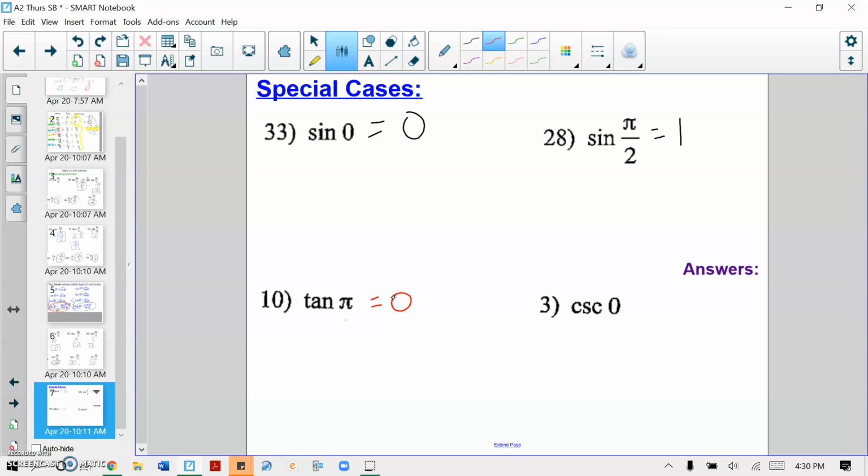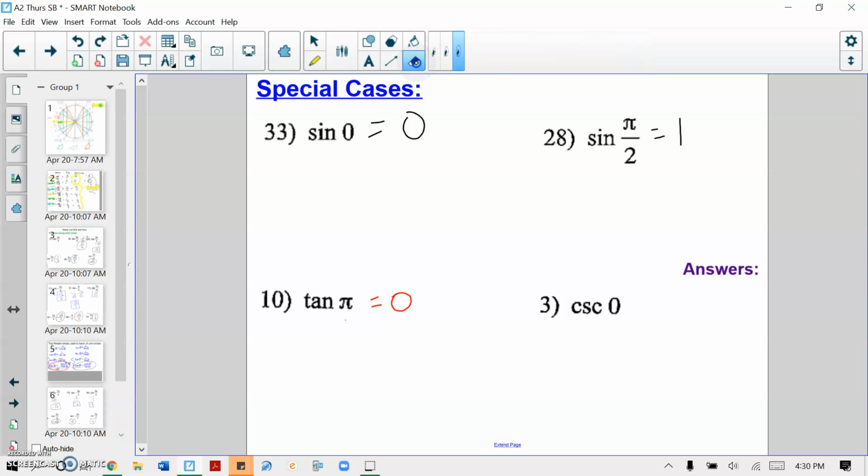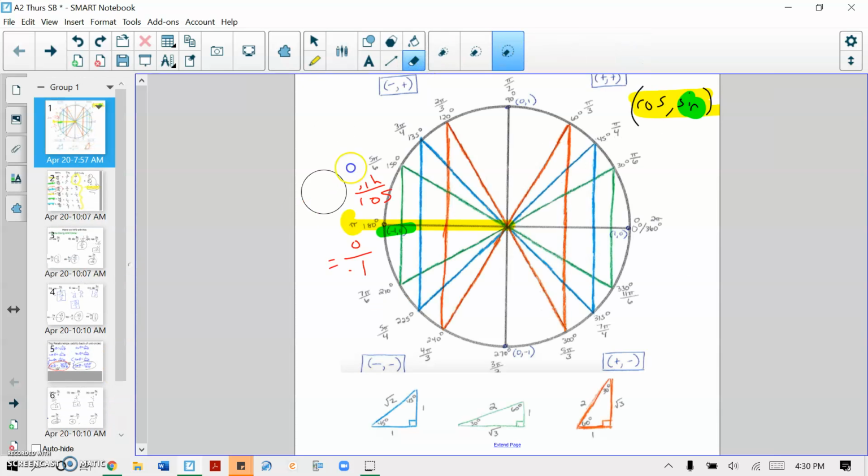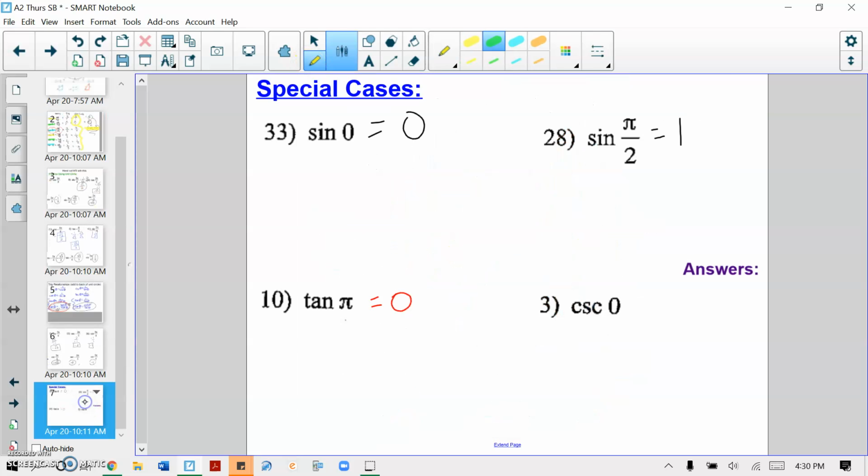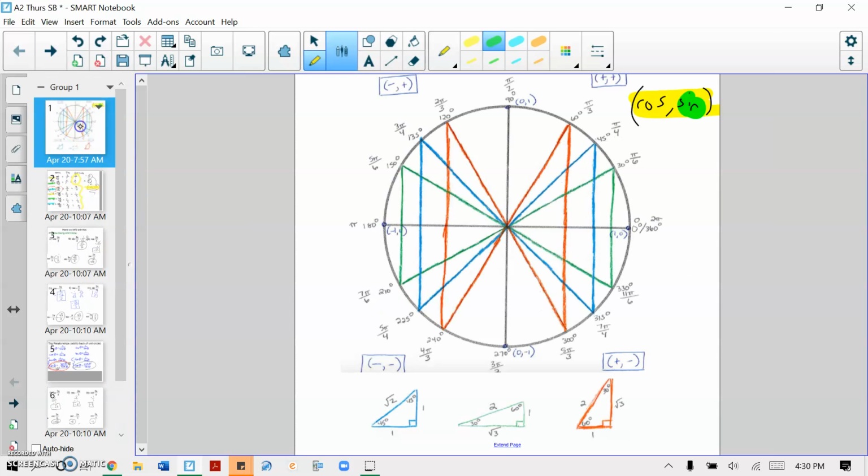Let's do another one that's kind of goofy like that. These are the special cases. These are goofy. If you have questions, stop by in office hours and I can try to explain it a little bit better. All right, last one. It was cosecant of 0 radians or 0 degrees. I guess it doesn't really matter. So we're looking at this guy. Again, we only have sine and cosine, and I want cosecant.